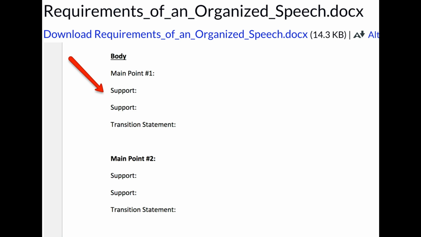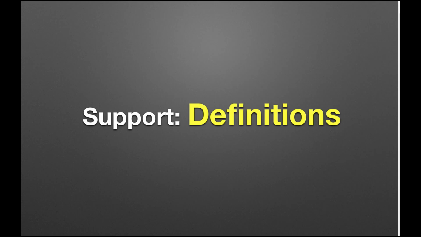For this project that you're going to be working on, this first one where you're teaching the principles of presentations and you're drawing direct quotes and examples from your books, well, your support could come in the form of definitions, direct quotes, actual presentation examples from places like TED Talks, or maybe even political speeches, or maybe even speeches from a movie or a television show.